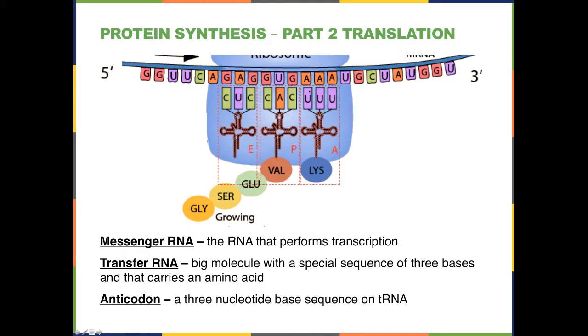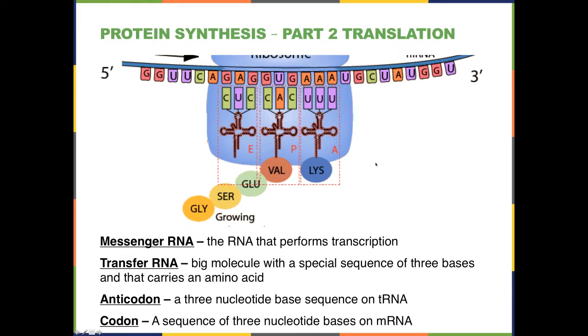Now these three bases on the transfer RNA are called anticodons, and the three bases on the message that the anticodon binds to are called the codon. So this sequence is called the codon, this sequence is called the anticodon, and they match up and bring the amino acid, and then this begins to grow, and this is called translation.